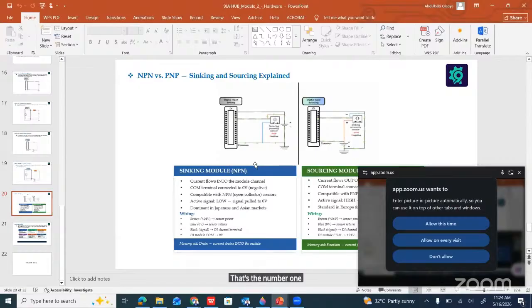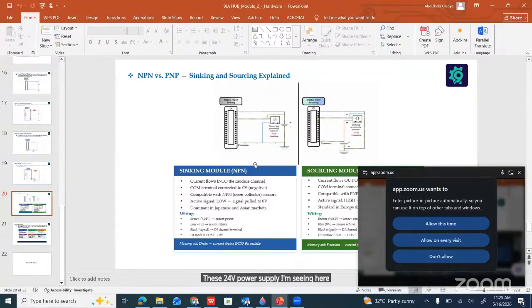Now for the common, I want to understand, after you power the CPU, will you still need this 24 volt power supply I'm seeing here?